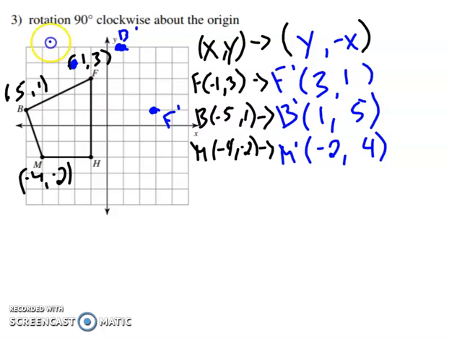Oh no, it overlapped. That's okay. And last but not least, we have to graph H. H is negative 1, comma negative 2.